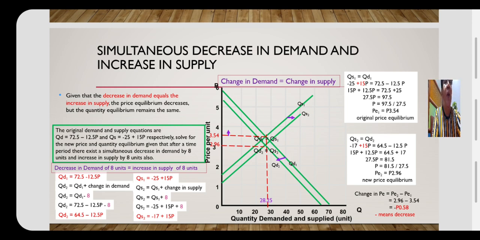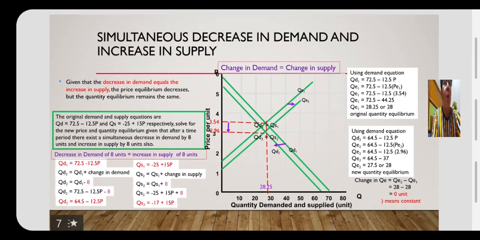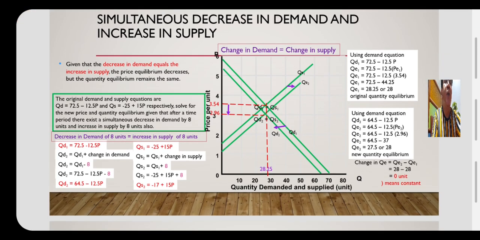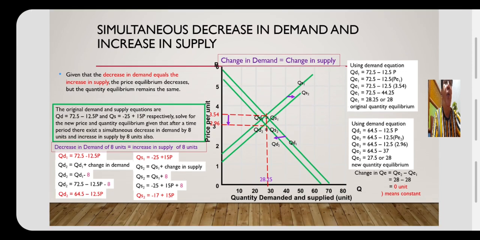To solve for the corresponding change in quantity equilibrium, it will require us to compute first the value of the new quantity equilibrium and the original quantity equilibrium. The same procedure was adopted.